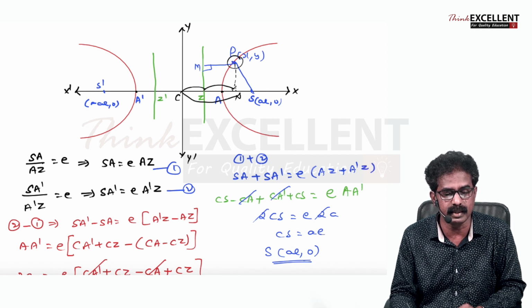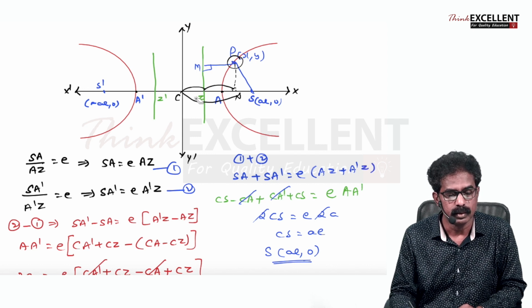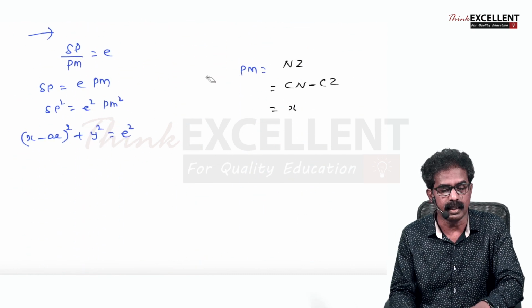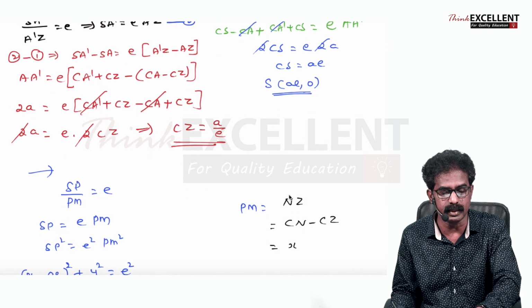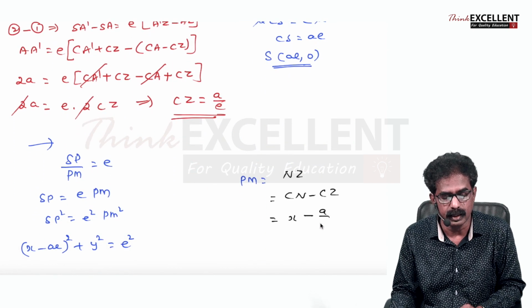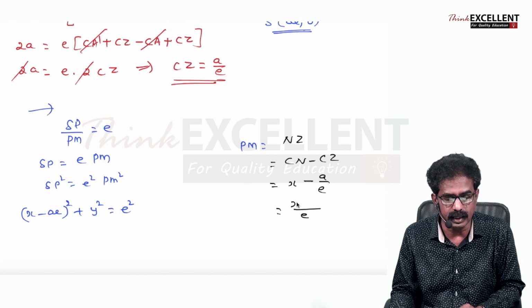CN, that length is X, and PN is Y. So what can you say? X minus CZ. What is CZ? Just now we proved it is A by E. Take LCM as E, you will get XE minus A.